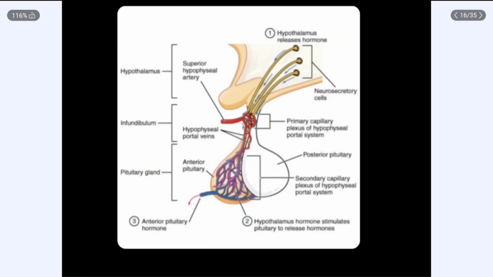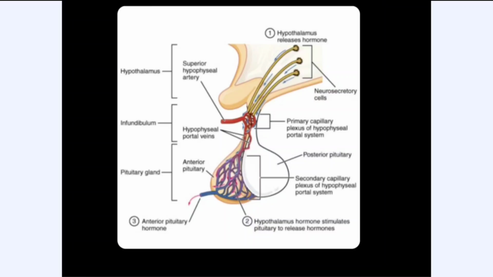Here we can see this is the hypothalamus, this portion is the infundibulum, and this is the pituitary gland. We can see the anterior pituitary and this is the posterior pituitary. Now the hypothalamus releases hormones from the neurosecretory cells, and these hormones are secreted into the primary capillary plexus of the hypophyseal portal system.